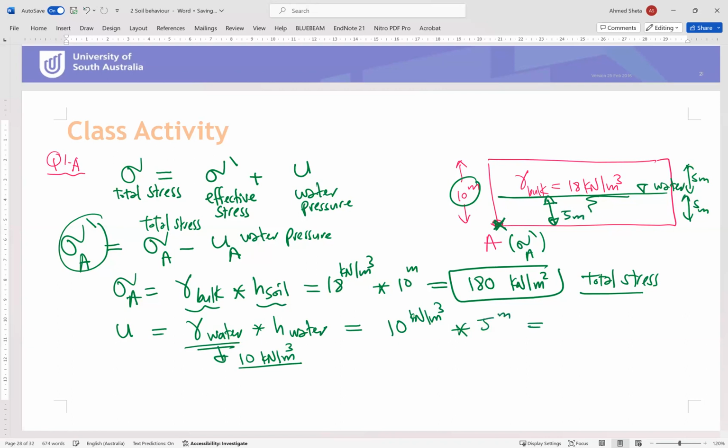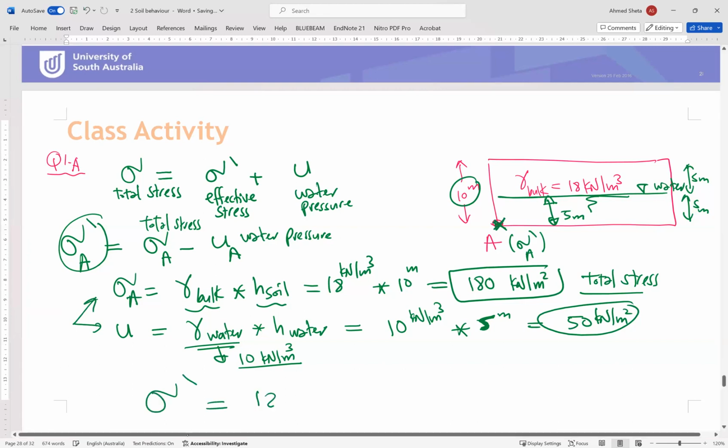This will give us the pressure of water, 50 kilonewton per squared meter. So from these two, we can now find sigma dash, the effective stress, equal to 180 kilonewton minus 50 kilonewton, equal to 130 kilonewton per squared meter. So this is the effective stress at point A if we have the water table at 5 meter.